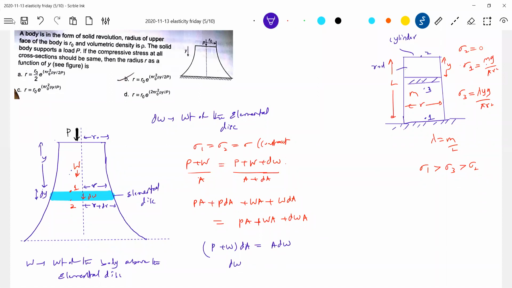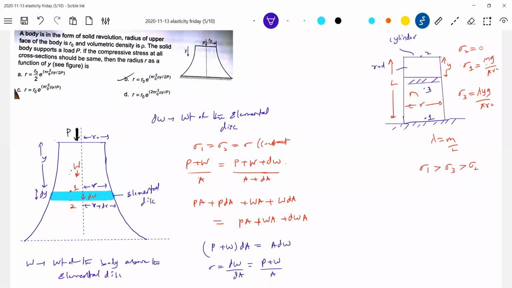Now dW by dA should be equal to (P plus W) by A, and dW by dA should be equal to sigma. This everything should be the constant.